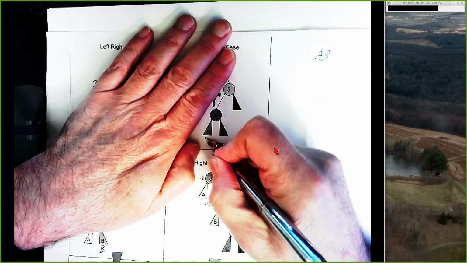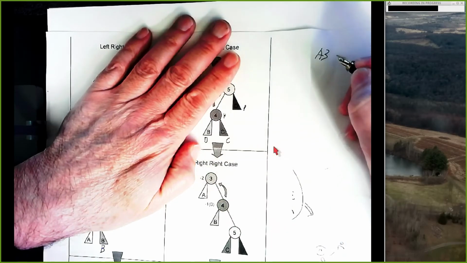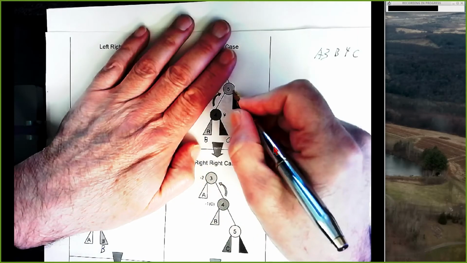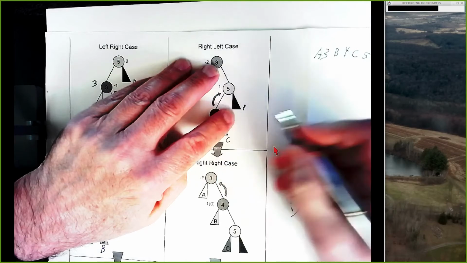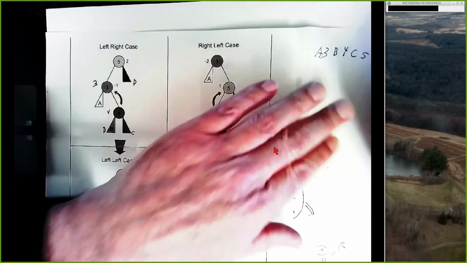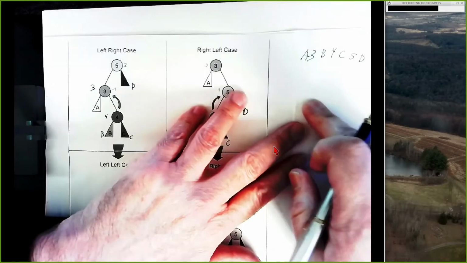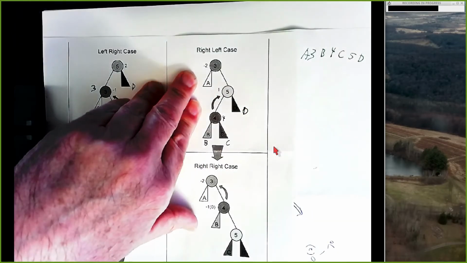So that's going to be B, 4, and C. And then we're going to traverse the root node, which is a 5, and then traverse the right subtree, which is D. So here's the traversal order of our original tree: A, 3, B, 4, C, 5, D.